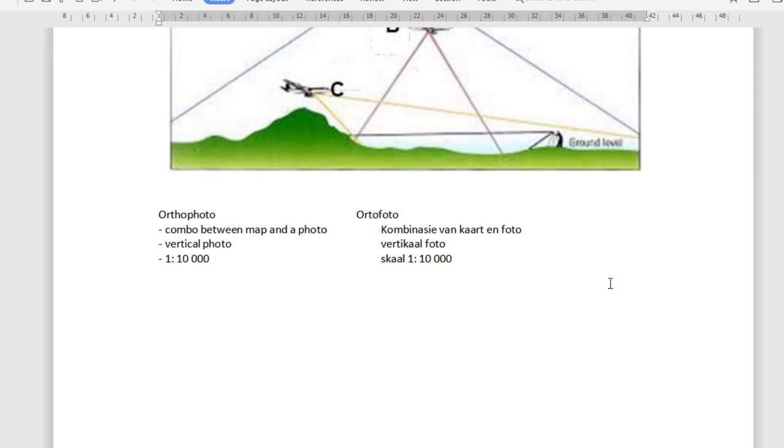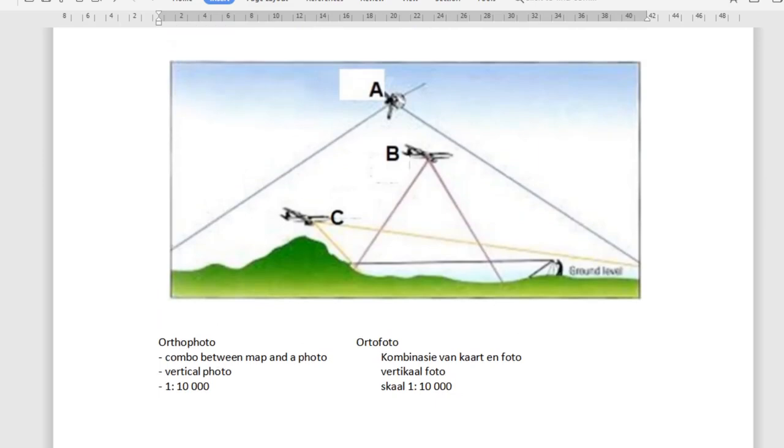So dit wys ons meer detail op 'n kleiner skaal, sodat dit alles groter is en jy kan dit van nader af sien. Okay, so that is the different types of photos.